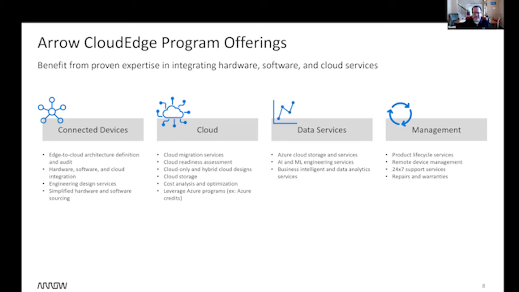And let's not forget the financial modeling and financial requirements you might require to support this, manufacturing and global fulfillment for your edge devices or your solution, and making the CloudEdge program work and bring value as all these solutions come together end to end.